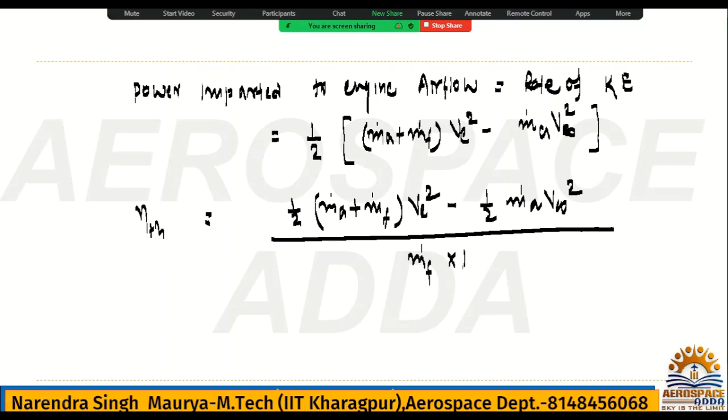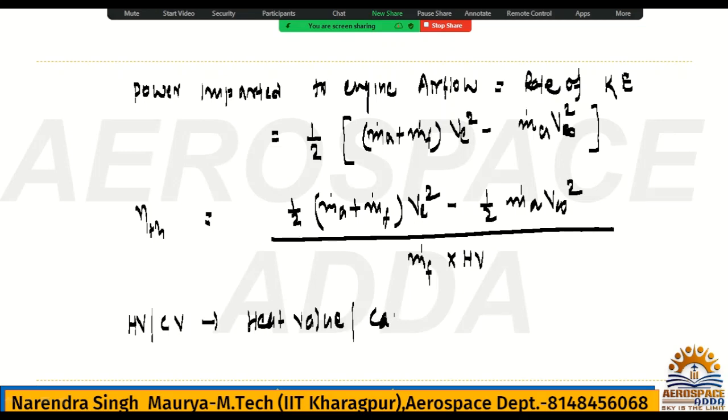I told you HV is nothing but heat value, or in a few books it is given as calorific value, so there should not be any confusion. Heat value HV or CV, the meaning is the same.